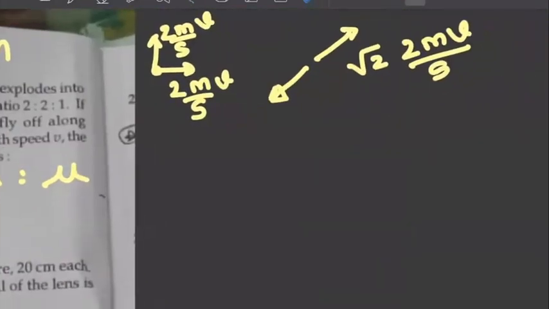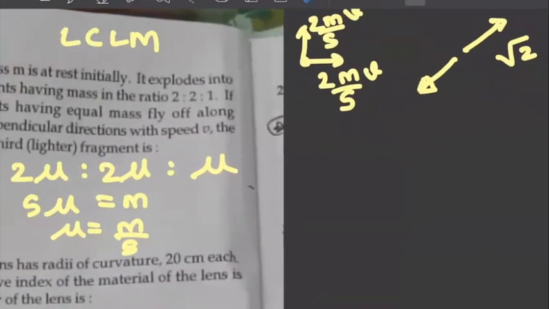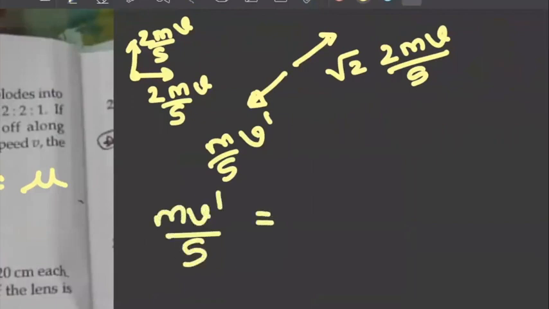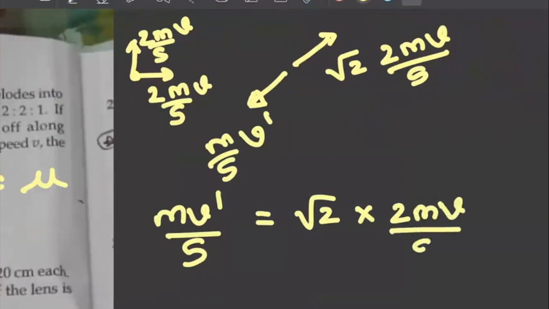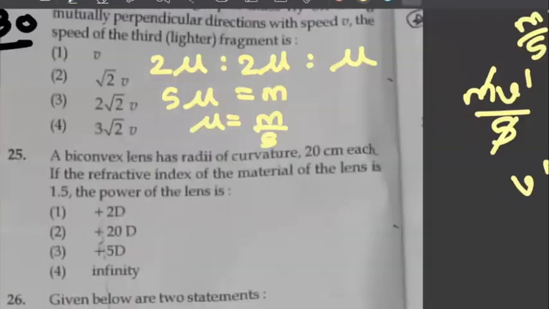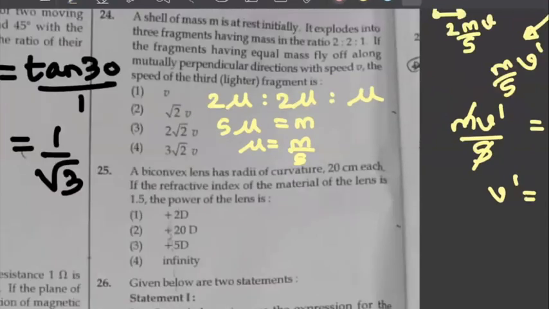The third one has a mass of mu, which is m by 5. So I have m by 5 into some v dash. These two are equal, so mv dash by 5 is root 2 into 2mv by 5. The m by 5 is gone, so v dash is basically 2 root 2 times v. That is 2 root 2 v.